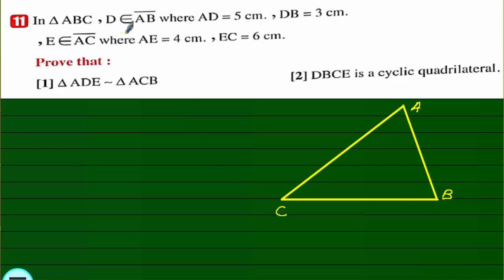And D belongs to AB, where AD equals 5 centimeters, DB equals 3 centimeters.